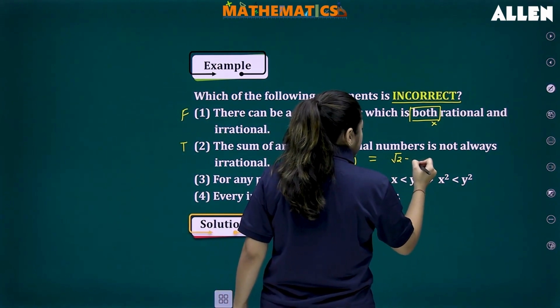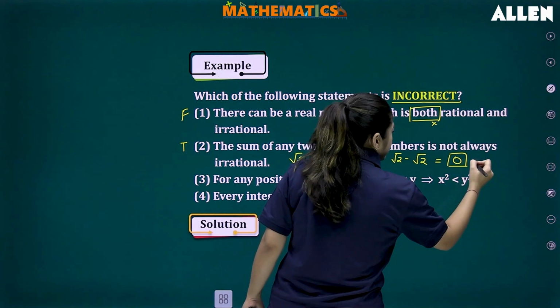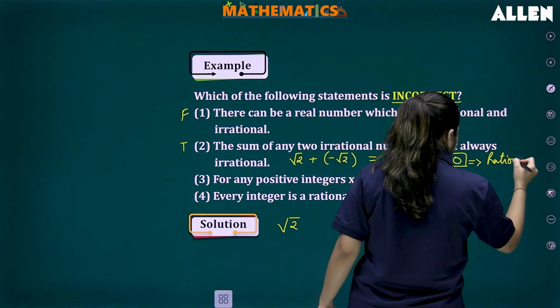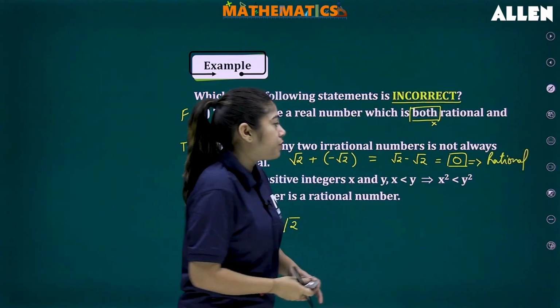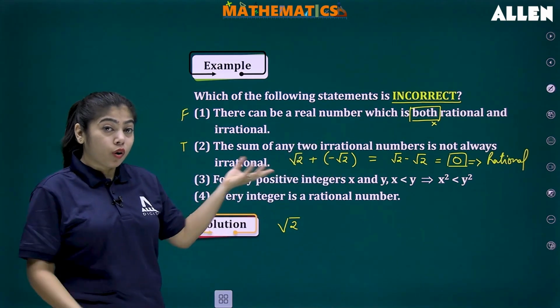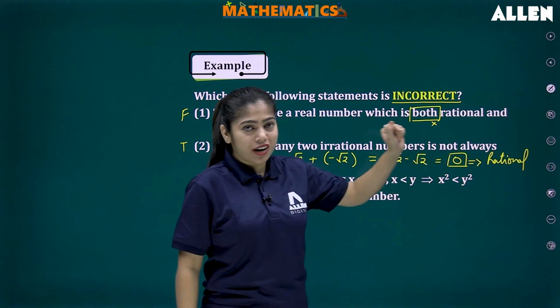So root 2 minus root 2 is going to be 0. And what kind of number is 0? 0 is a rational number. So here class, we saw that addition of two irrational numbers is not always irrational, right? Sometimes we get 0 as well, which is a rational number.